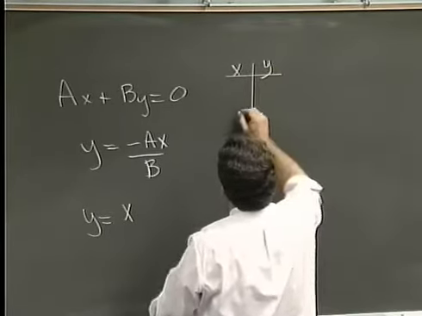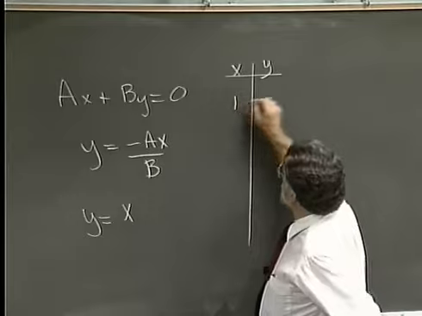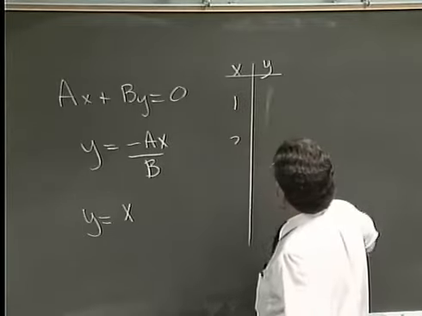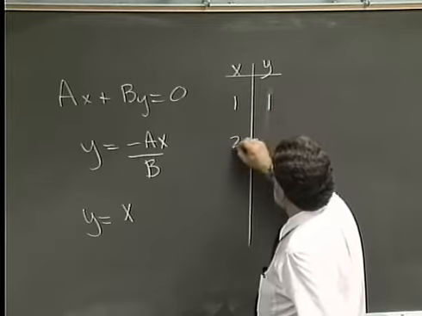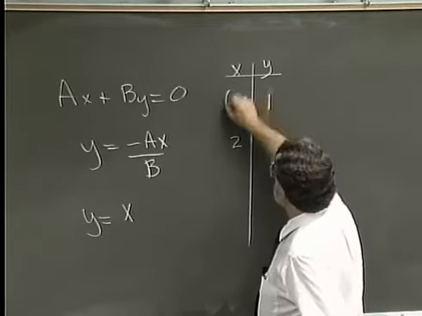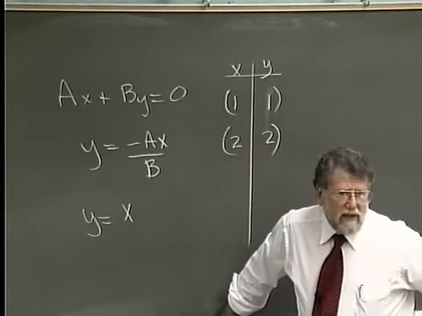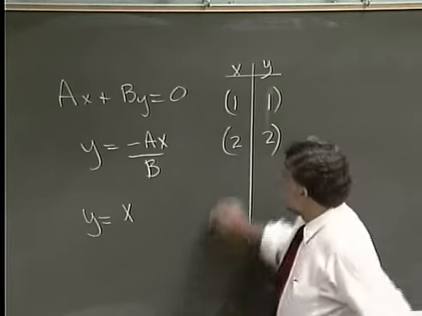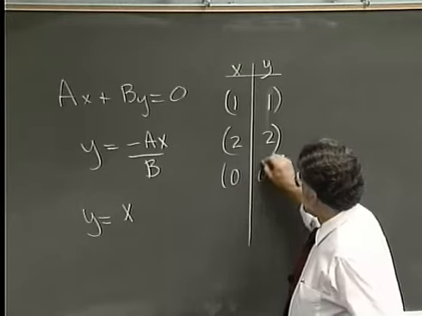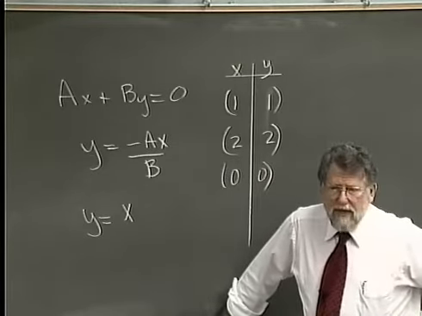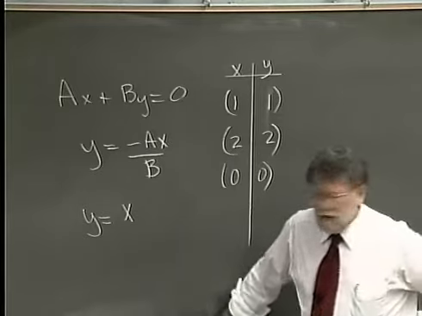Here's my x, my y, and if you let x equal 1, y is equal to 1. If x is equal to 2, y is equal to 2. We just go that way, right? I can get points very quickly. Now, what happens if I let x equal 0? Y equals 0, so I only have one intercept. It becomes the x and y intercept simultaneously.